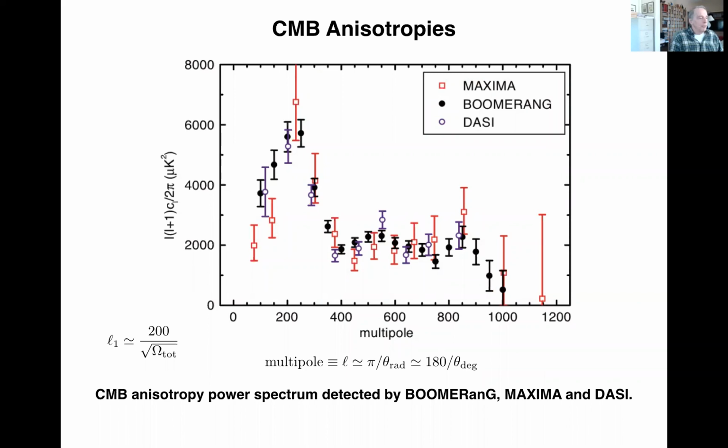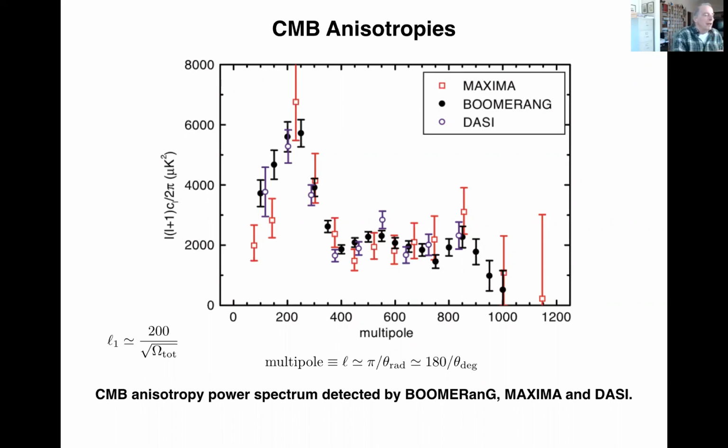Boomerang and Maxima and Desai were able, because of their high resolution, to obtain the angular structure to a fair approximation of the cosmic microwave background radiation. Well, okay, what do we mean by the angular structure?